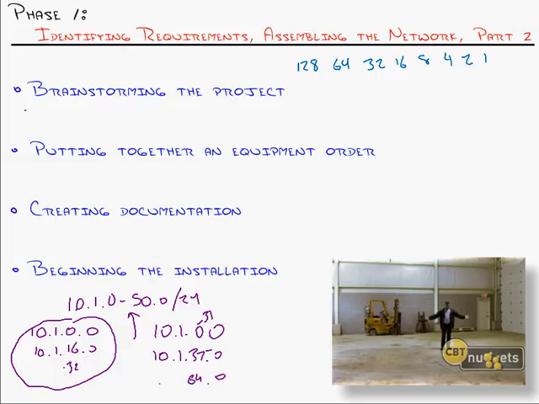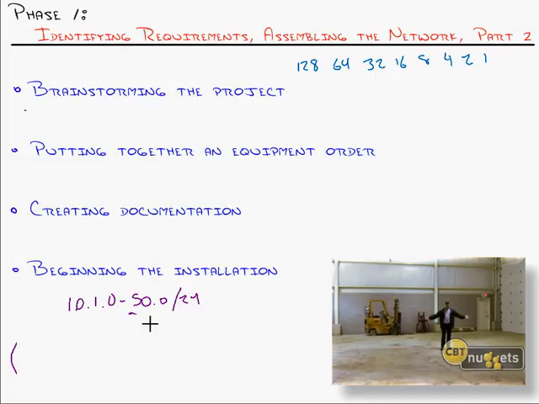So what I would do at that point is I would say, okay, I think an increment of 64 is appropriate for the corporate office. So I would look and I would say, okay, 10.1.0.0, 10.1.64.0. Okay. That makes sense now, because that is 64, 128, 192. So that first network, let me fill in the end range.